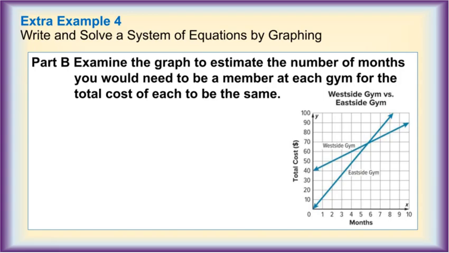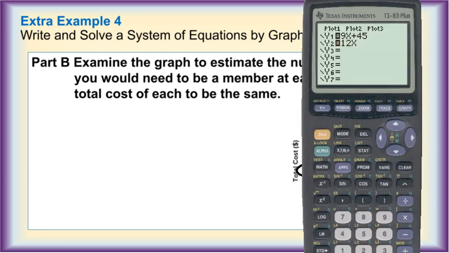Part B, here again, you can see our equations here. For this one, their graph here is off a little bit because they're starting at 40 when we were told that it starts at 45. So we're not going to use this graph here. We're going to use the graph that we created here.